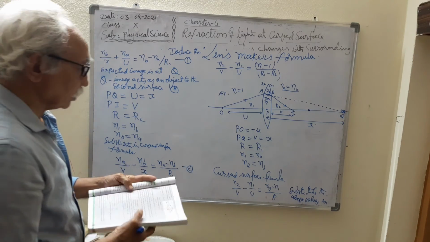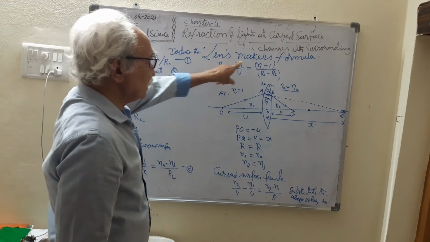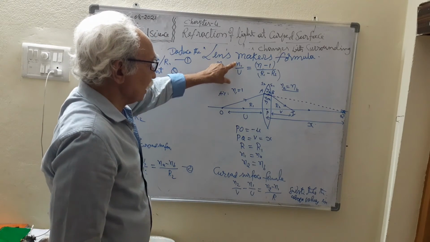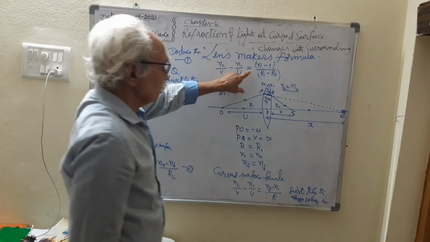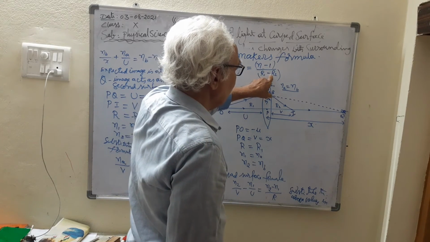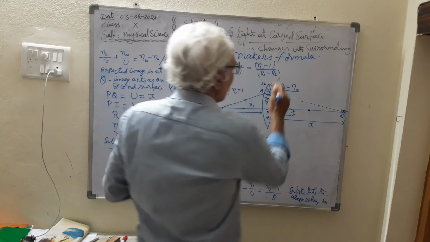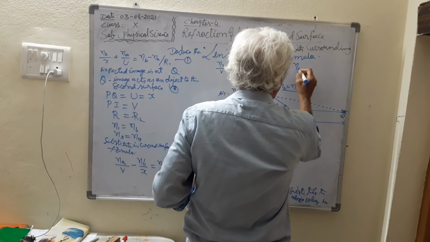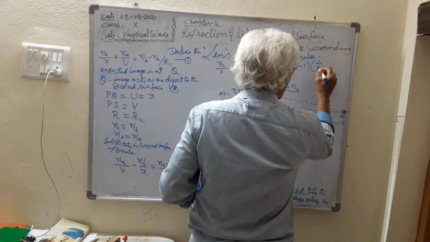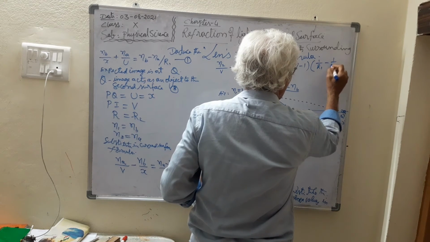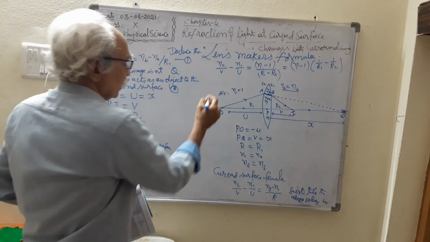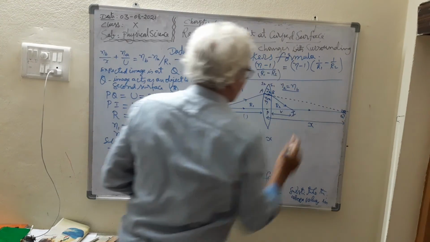So Lensmaker's formula: N2 by V minus N1 by U is equal to (N minus 1) into (1 by R1 minus 1 by R2). You can write it like this also, that is also you can write. That is called the Lensmaker's formula.